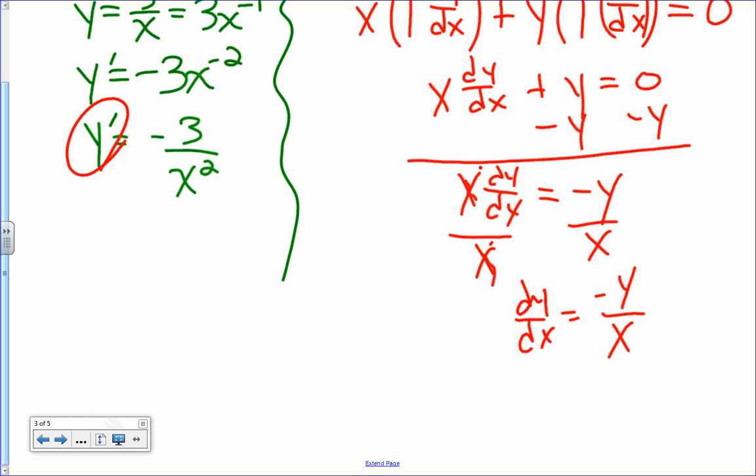Boy, I'm kind of a liar, huh? I told you it was going to be the same thing. Those don't look the same to me. Over there I got negative 3 over x squared. Over here I got negative y over x. What's going on? How's that work? Yeah, they are, because this is y prime over here on the left that I have circled in red.